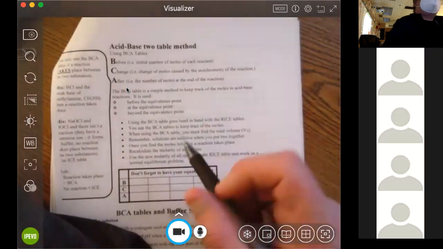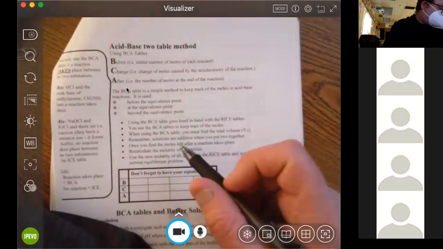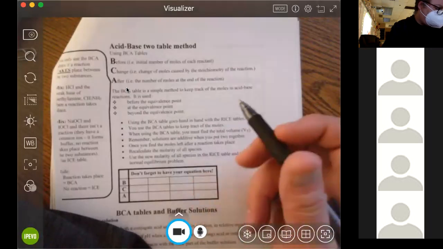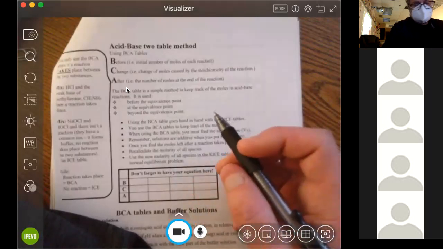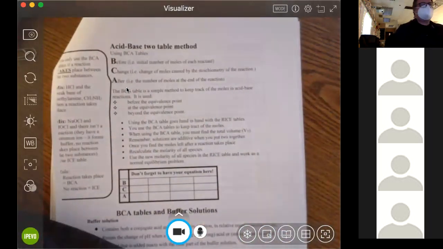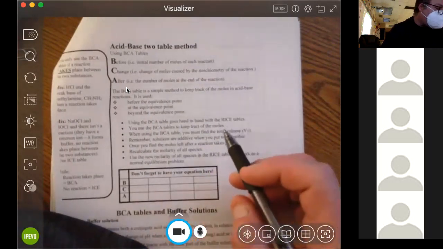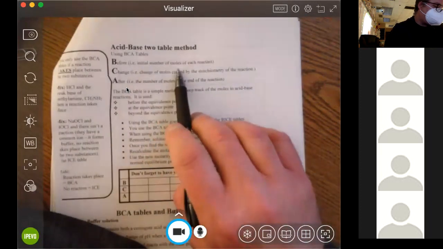So we have the ICE table, which you can use with concentrations. There's another table that sometimes we use when dealing with just basic stoichiometry and moles. It makes things more organized for acid and base chemistry. So you have the initial number of moles.